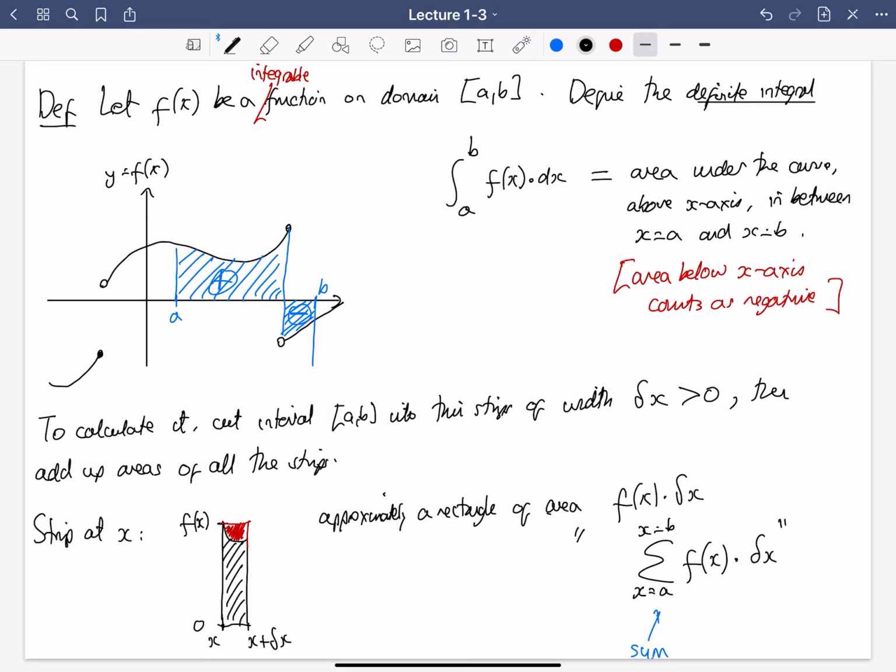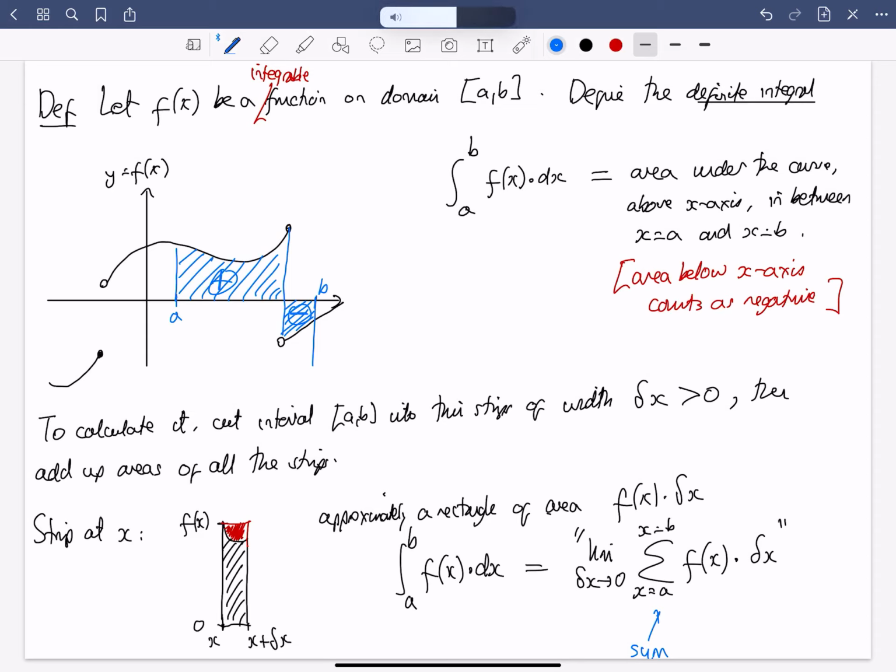So actually you have to take the limit of these sums, these estimates, as the width of the strip goes to 0. And that limit is this thing, integral a b f of x dx, the exact area that we're calling the definite integral.